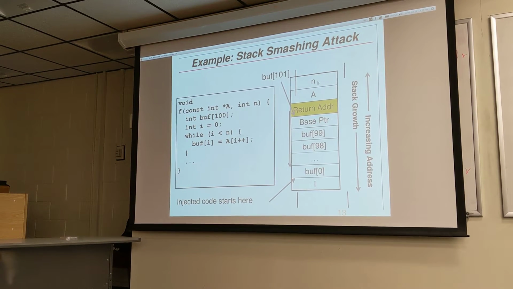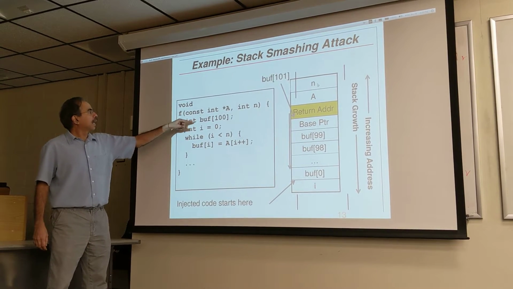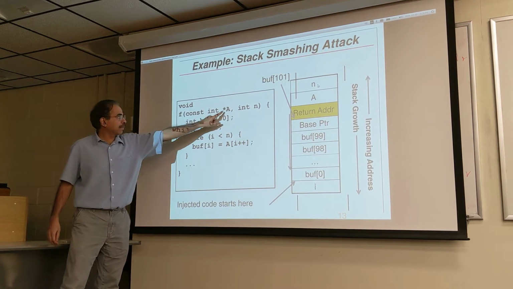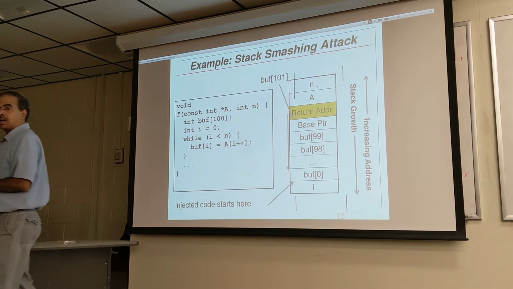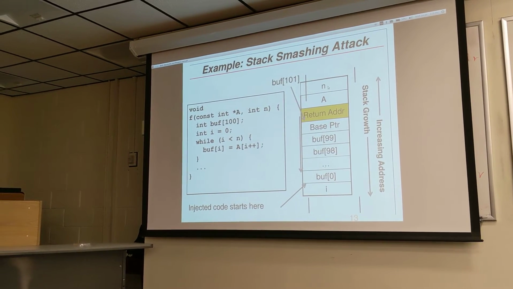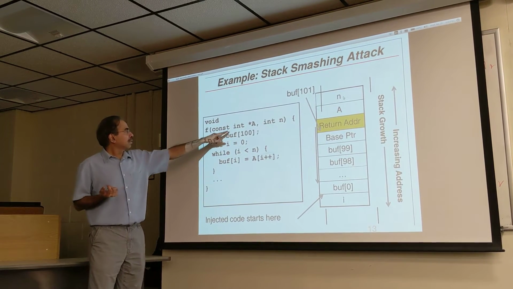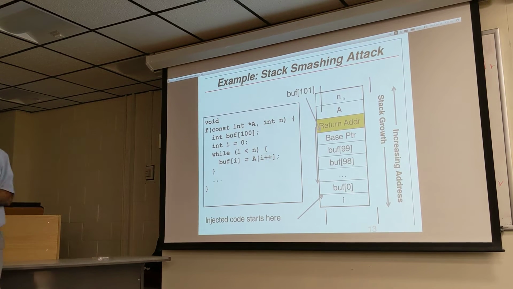Okay? So now what happens here, if you look through the program, is that this function takes two parameters. A is an array, and n is the number of elements, or the length of the array, right? And so what it does is it basically copies the value from A to buff before anything happens.